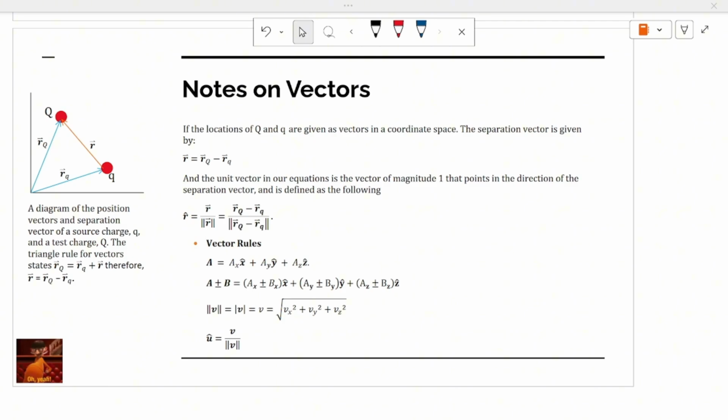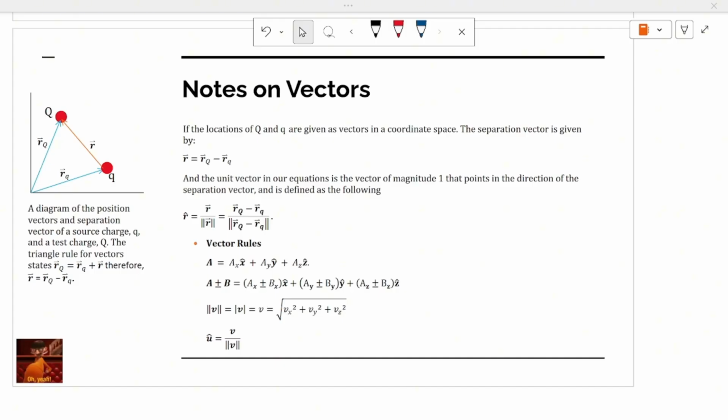If the locations of Q, big Q, and little q are given as vectors in a coordinate space, the separation vector is given by the vector from the origin to big Q, subtract the vector from the origin to little q. From the triangle rule, that gives us this vector right here in orange from the source charge to the test charge. So that's the separation vector.